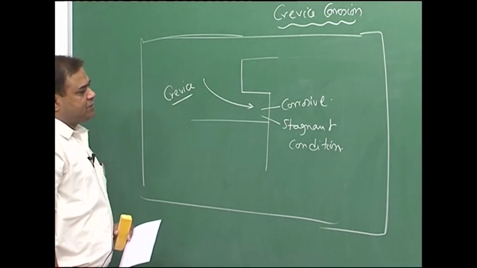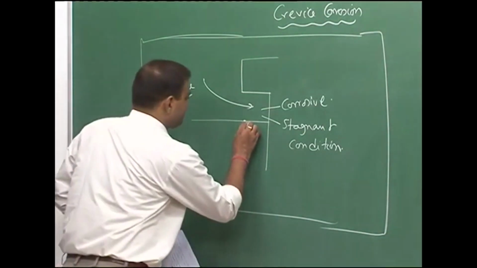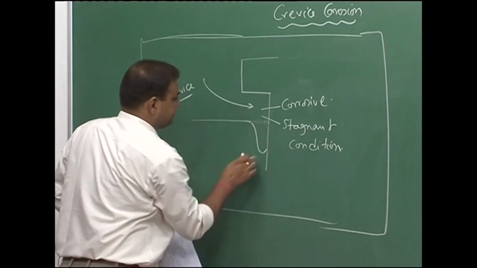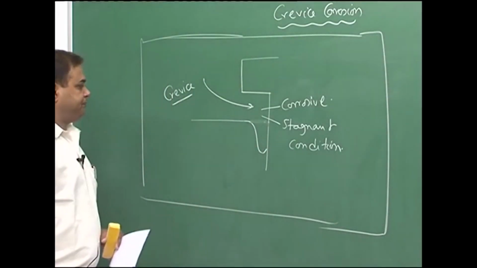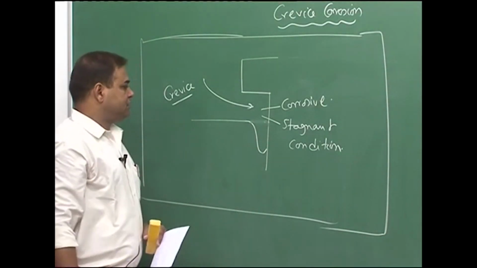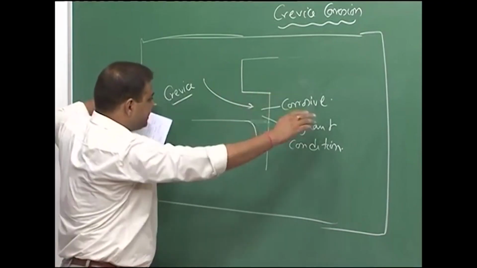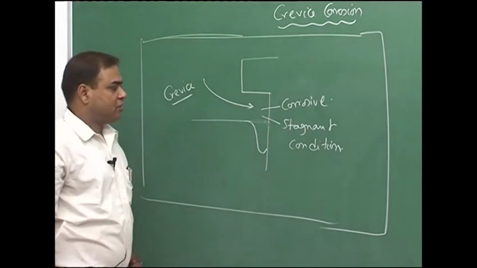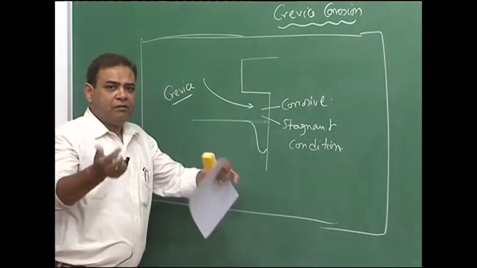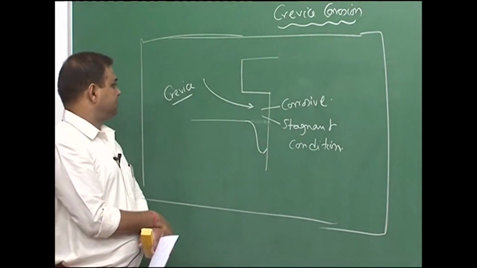And at that time in this zone there could be a possibility of a deep corrosion attack in the body, and that corrosion attack could be so violent that if the system is under pressure or tension, then there could be failure or fracture.